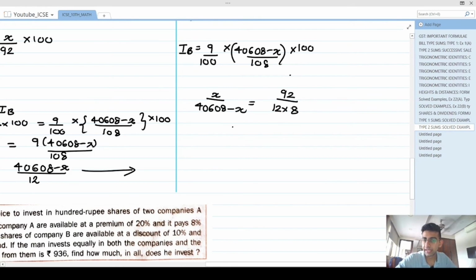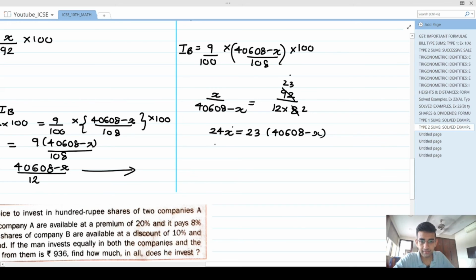Let's reduce this. We can reduce with 4, I suppose. Yes. So you will get 24x is equal to 23 into 40608 minus x.